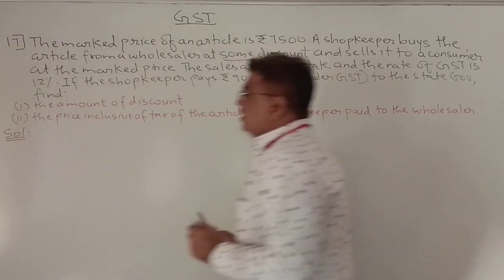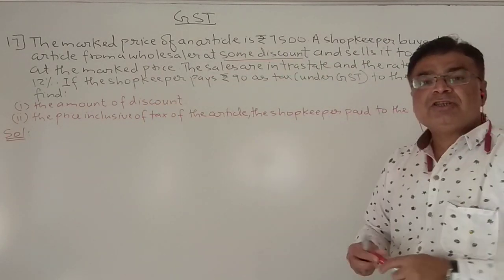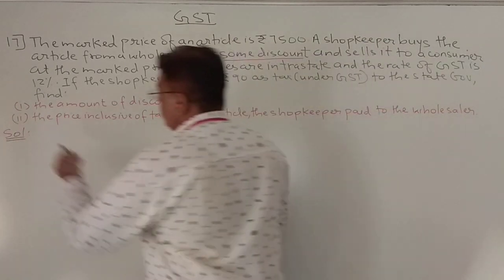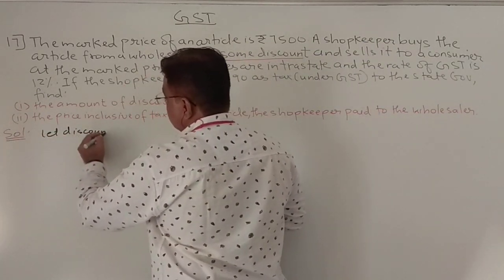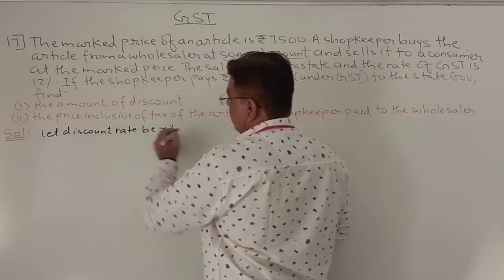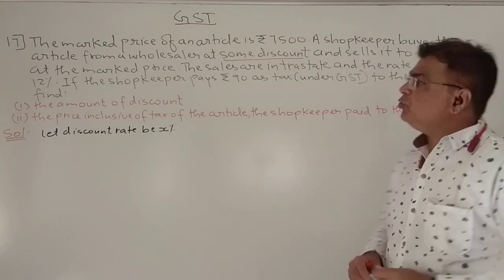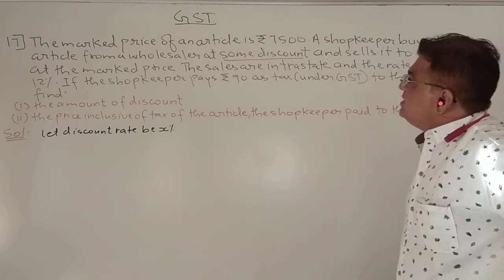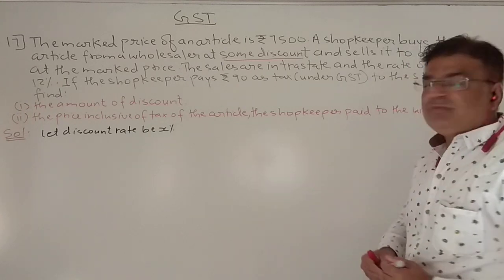Solution. Now what is unknown, students, over here? Discount. So we'll assume let the discount rate be X%. We don't know it. The shopkeeper is purchasing the article from a wholesaler at some discount.